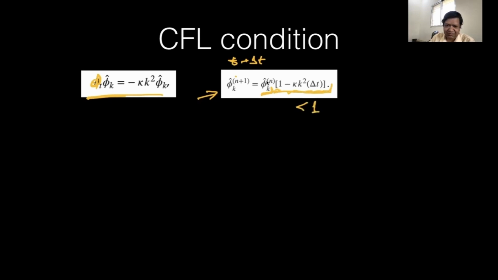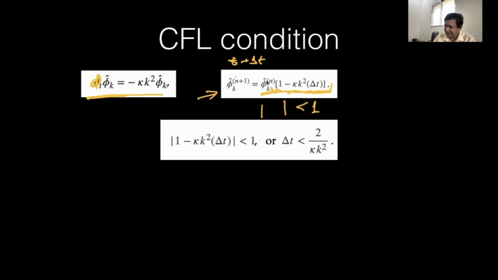If you choose a large enough delta t, that won't be less than 1, and we did this in the past. So the limit on delta t is 2 by kappa k squared.